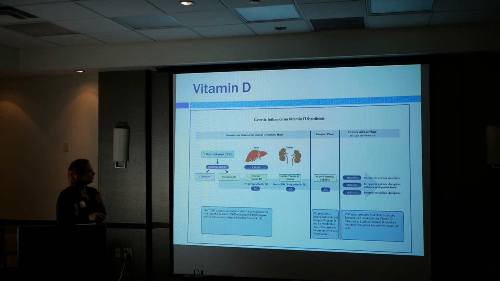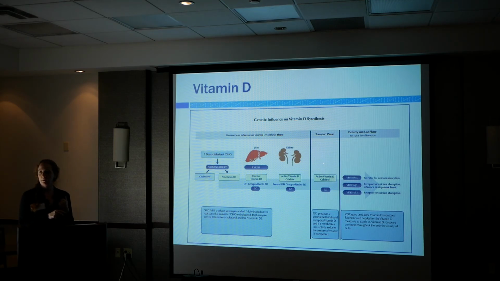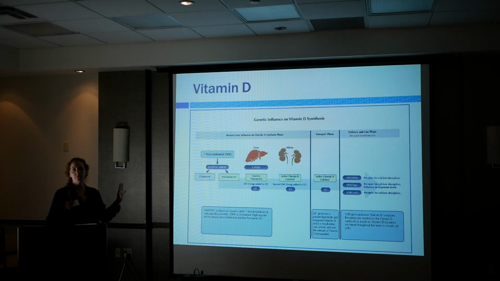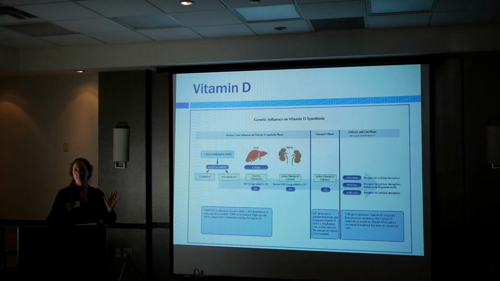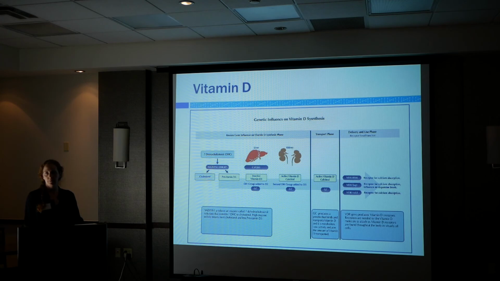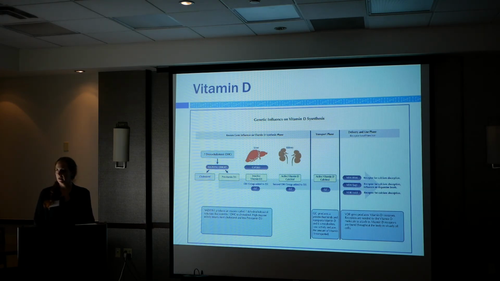Then you also have this transport gene, the GC, which is just carrying the active form of vitamin D around the body. So you may have this person whose vitamin D levels are fine, but they're not transporting it to the tissues and utilizing it properly. So you want to be watching this whole process, especially since vitamin D has so many different actions in the body.